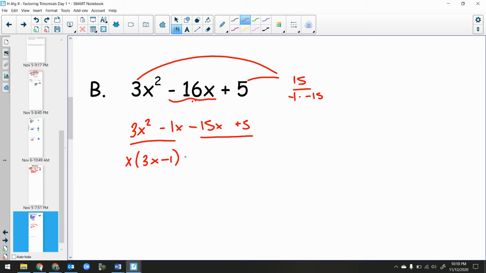They both are divisible by 5. So negative 15 divided by negative 5 is positive 3. Positive 5 divided by negative 5 is a negative 1. And look, they're the same. So it's 3x minus 1 and an x minus 5.